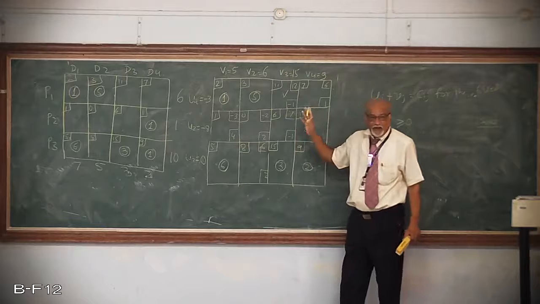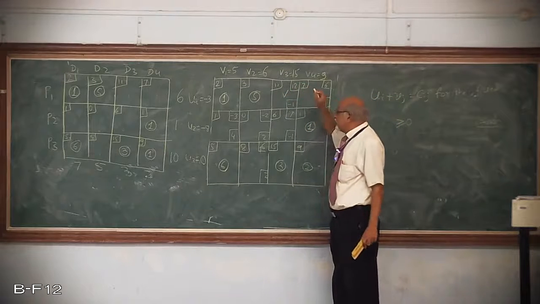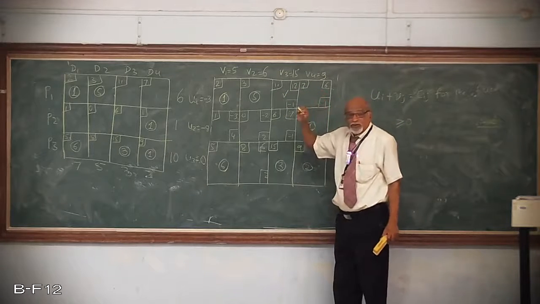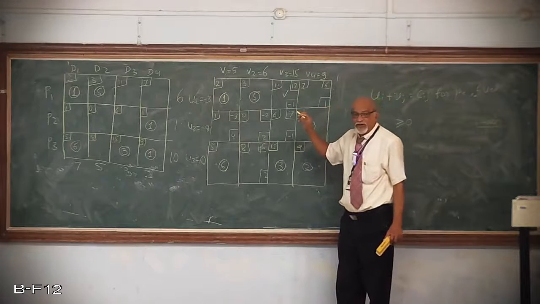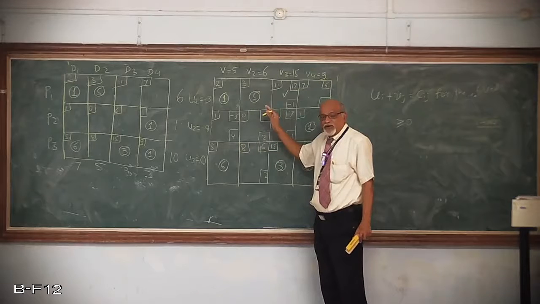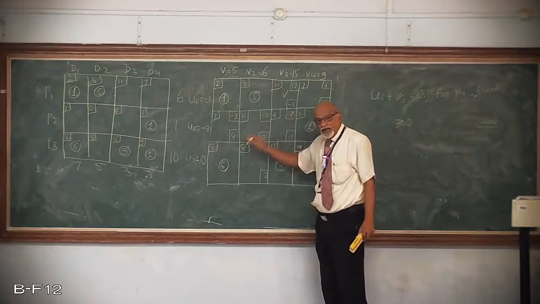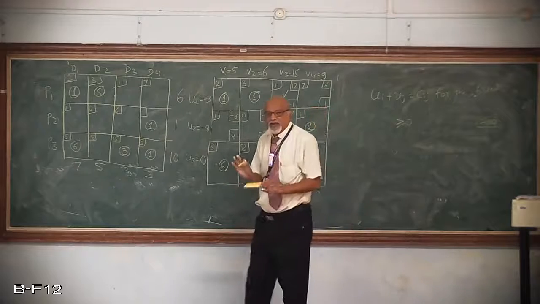Let me find out. Having done this, we'll try to draw the closed path. That is the principle of this. If the number of allocations is at least m plus n minus 1, then it is possible to draw the closed path.